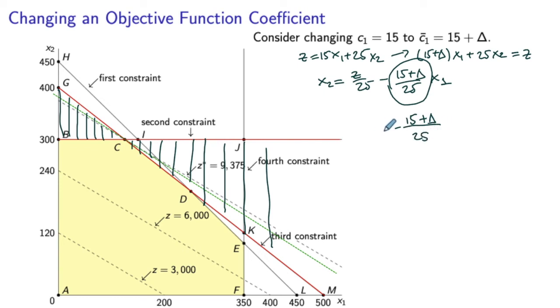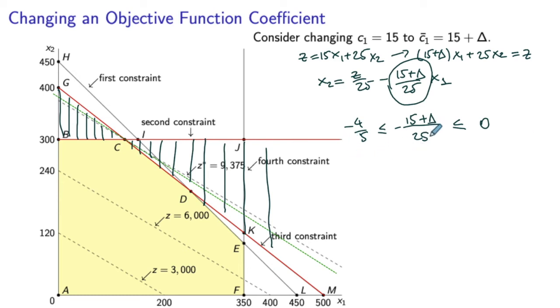And we need to make sure that we are between the two slopes that we were talking about. So for the third constraint, the slope was negative 4/5. And for the second constraint, it's going to be 0. So we need to make sure that negative (15 plus delta) over 25 is between these two values.